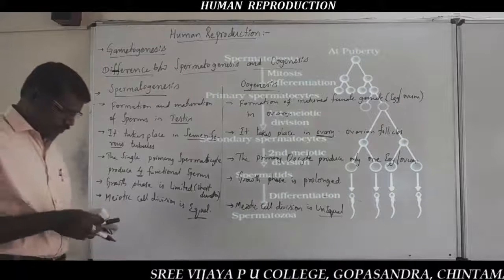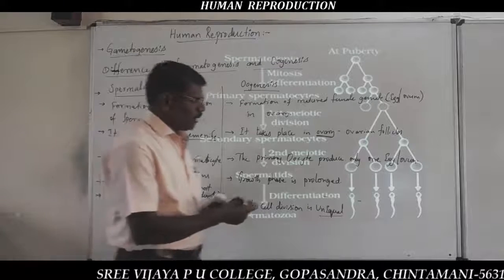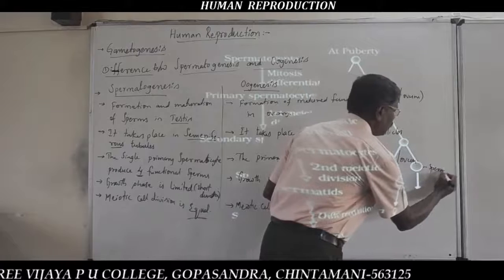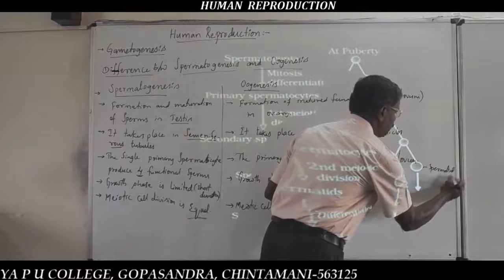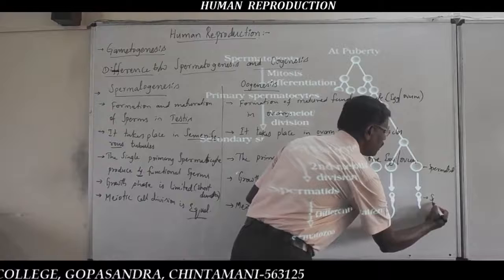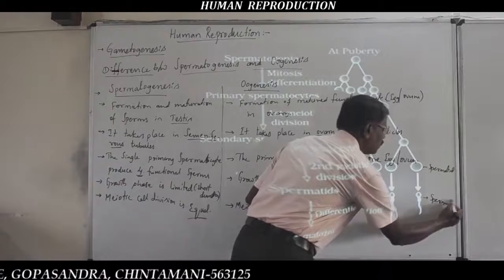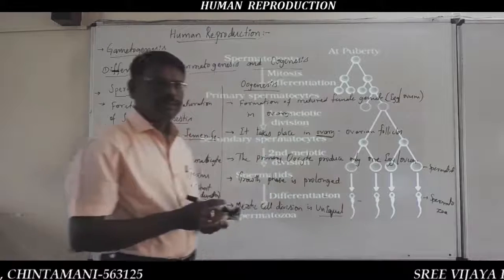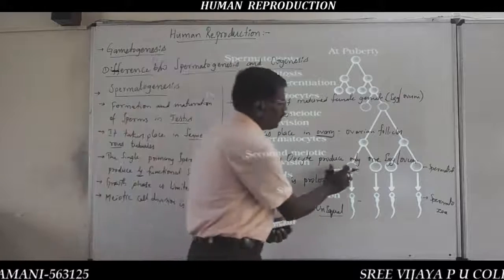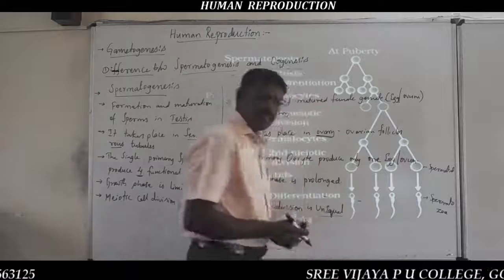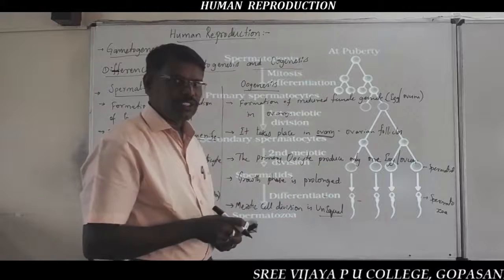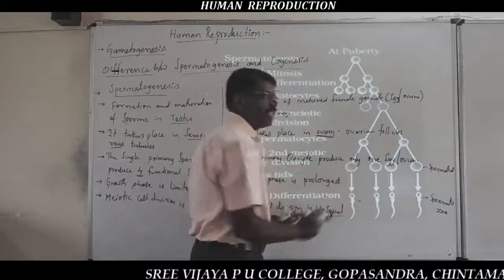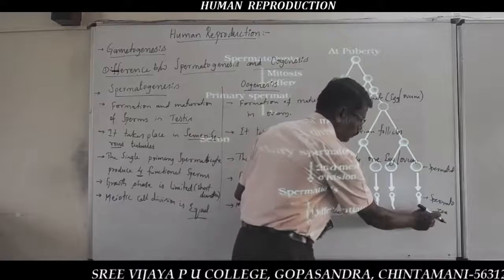See here, these are the spermatids, and this is the spermatozoa. The four spermatids formed after the end of meiosis in spermatogenesis transform themselves into spermatozoa.